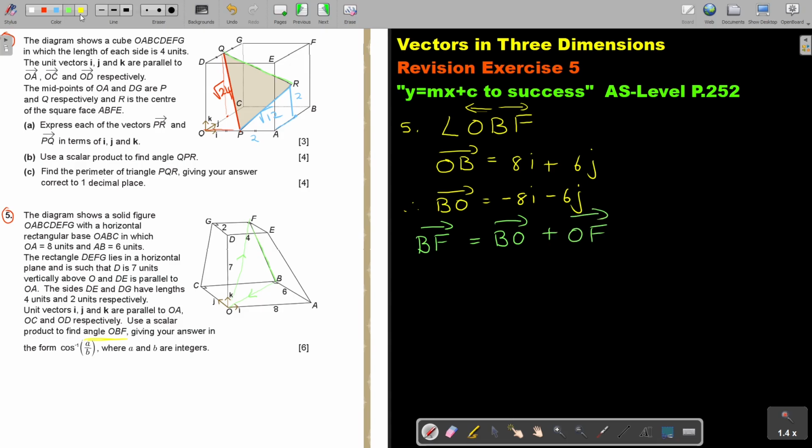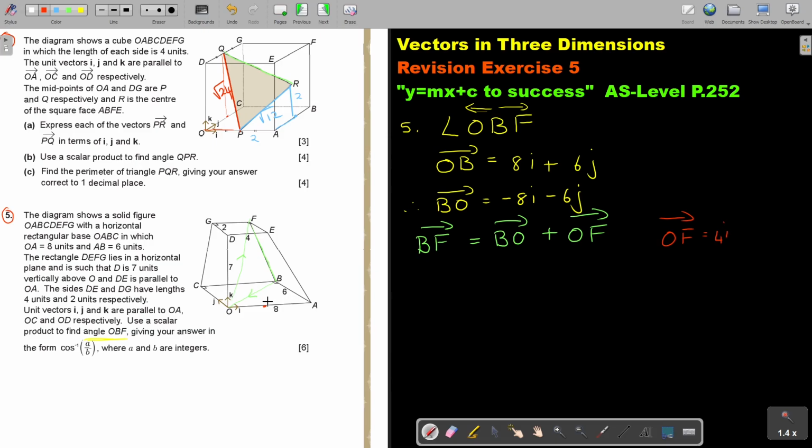Okay, so let's just say OF. Now, if I want to find OF, it's going to be this 4, remember it's only 4. So it's 4I on the ground.